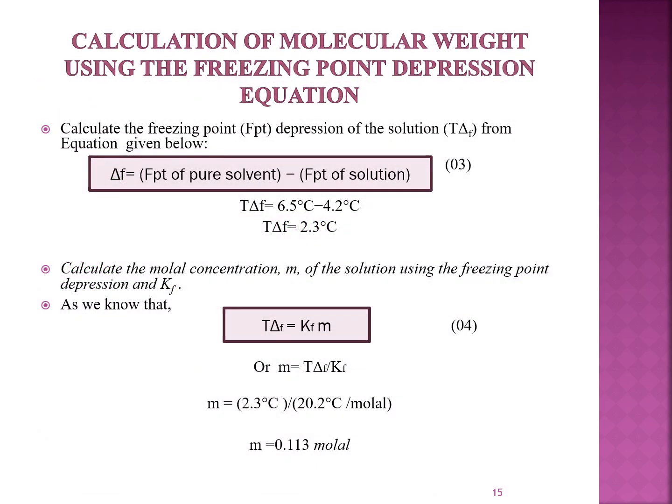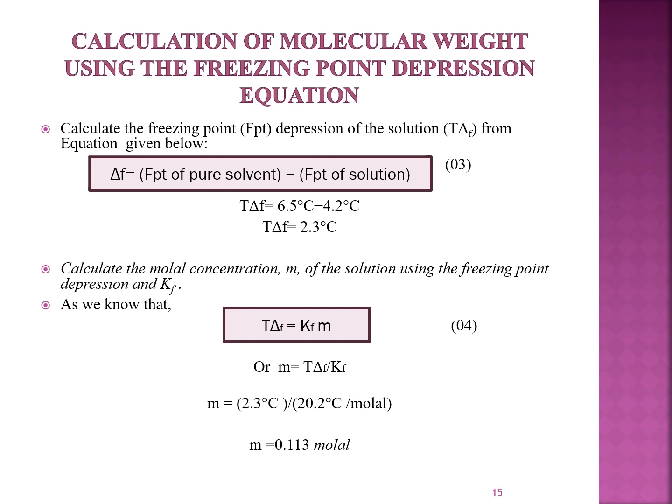Here we have the calculation of molecular weight using the freezing point depression equation. So calculate the freezing point depression of the solution from the equation given below. Here we find the freezing point depression from equation 3, and then we calculate the molal concentration of the solution using the freezing point depression and Kf. As we know that delta Tf equals Kf times m, we can find the molality by rearranging the equation.